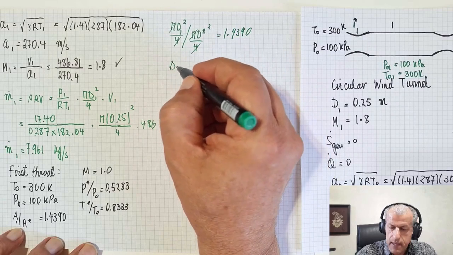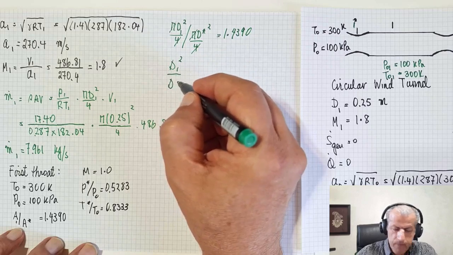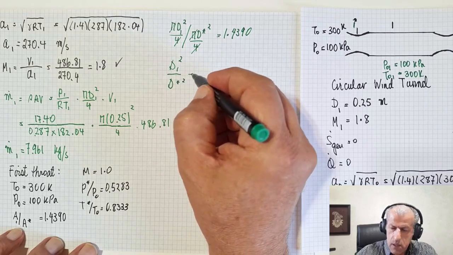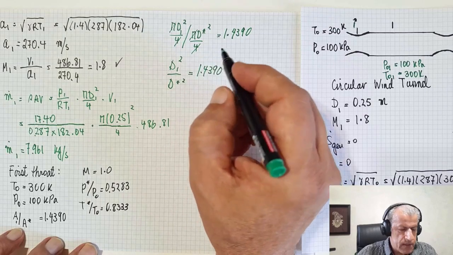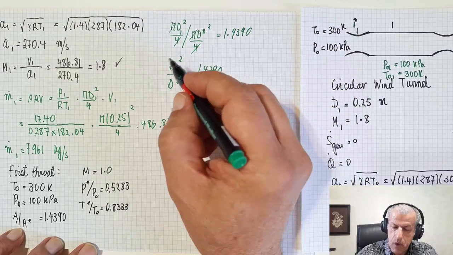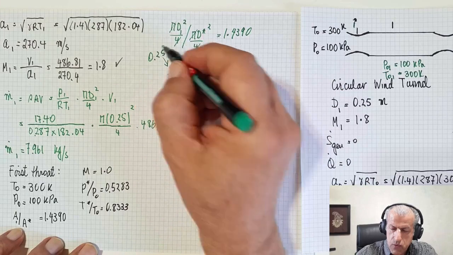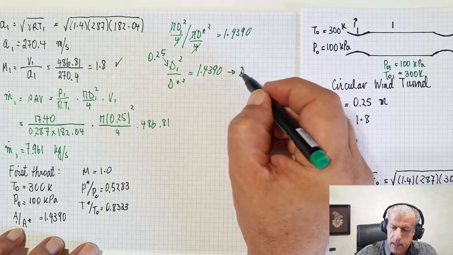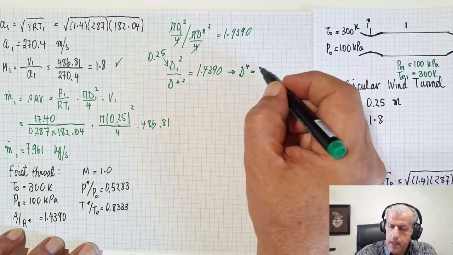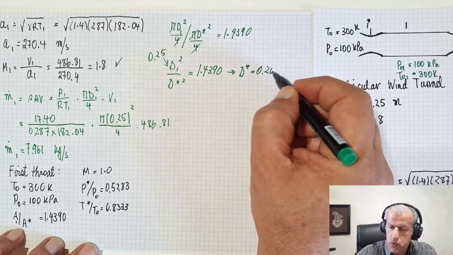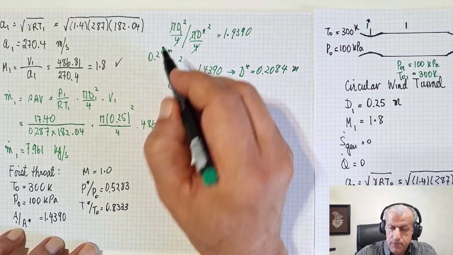We learn that d1 squared over d star squared equals 1.4390, and since d1 is 0.25, we conclude that d star would be 0.2084 meters.